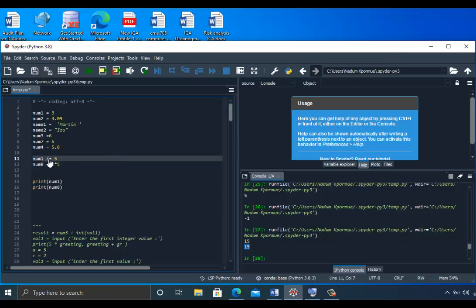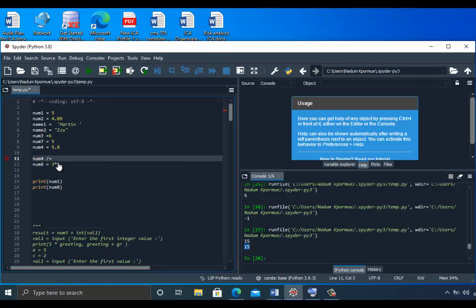So if we change num1 to 5, then we change this value here, this integer, since we are working with floating point, let's change this to num4.